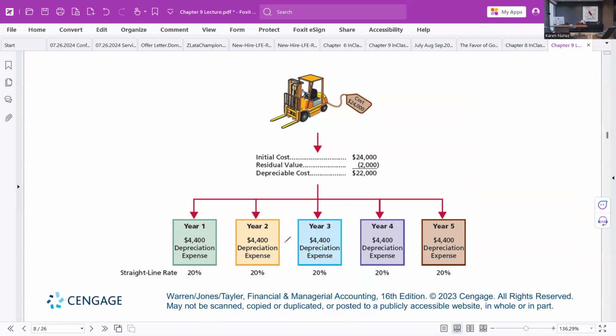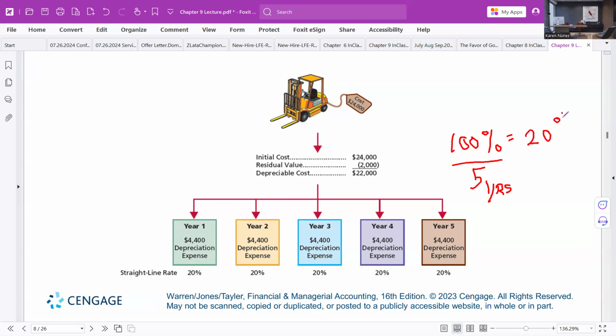Essentially, what this works out to is 20% of that depreciable cost being depreciated each year for the next 5 years. If you were to take that 100%, because we're depreciating all of that depreciable cost over its estimated useful life, in this case 5 years, we would end up depreciating exactly 20% each year.